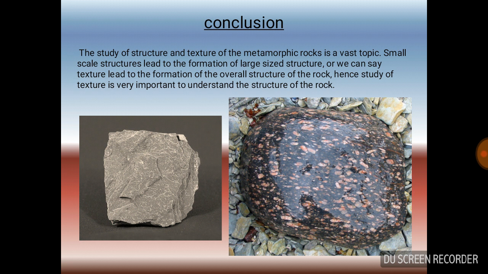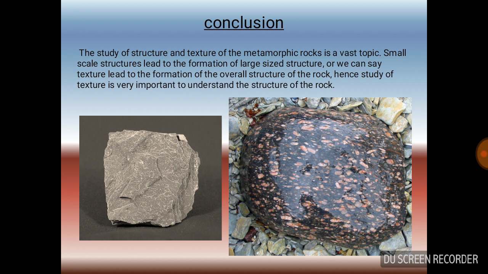That means let a rock have a schistose structure, and if we are able to study its structure and of course its texture, then we will eventually find out under which condition this rock was formed.